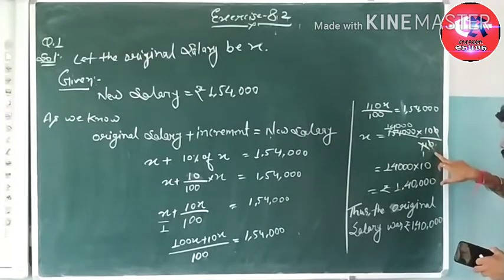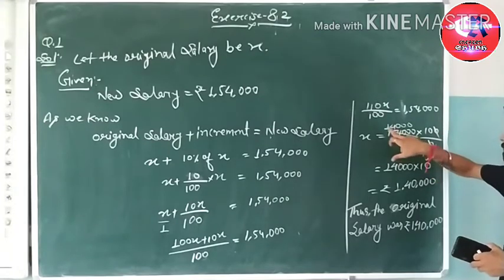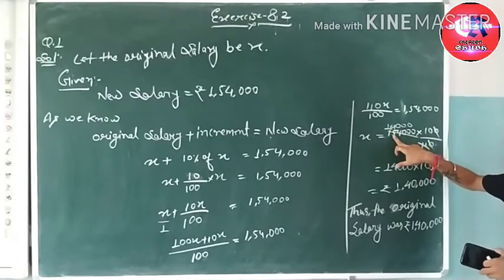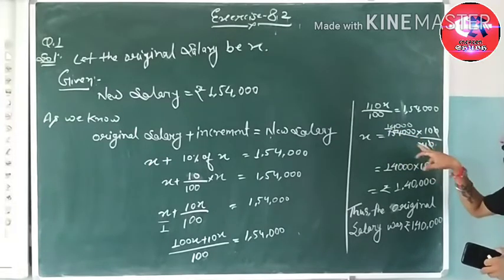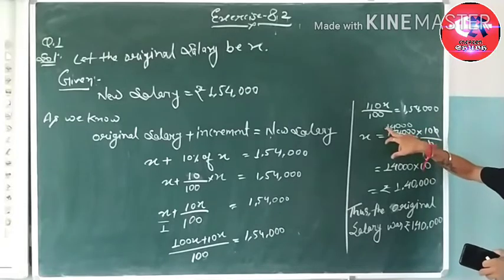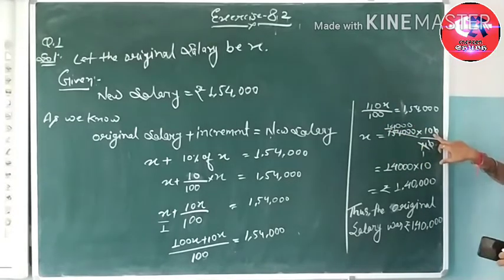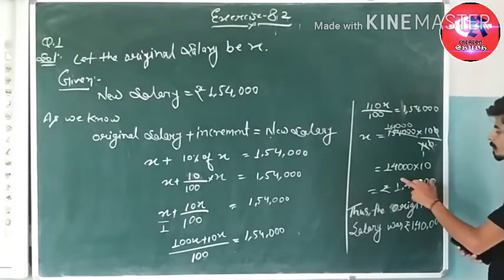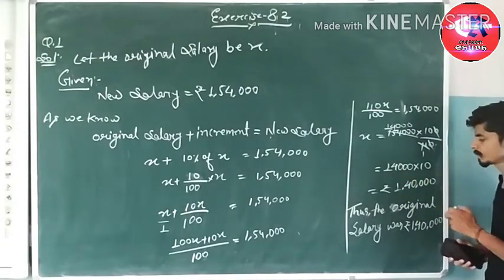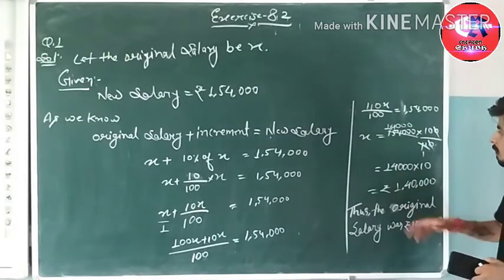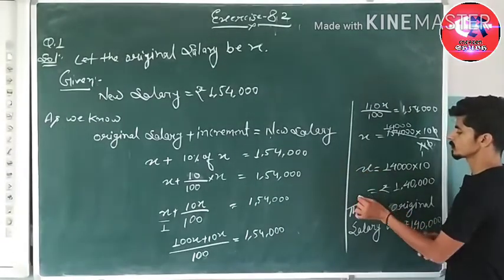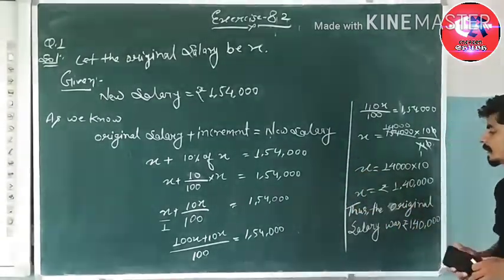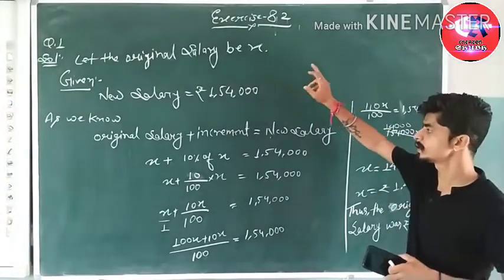Now dividing 1,54,000 by 11 gives 14,000, and the 10 is also remaining, so we have to write the remaining numbers. Now it will be multiplied and it will become 1,40,000. What we get here is X equal to 1,40,000, and X was the original salary.